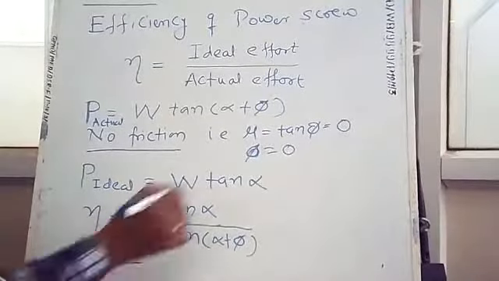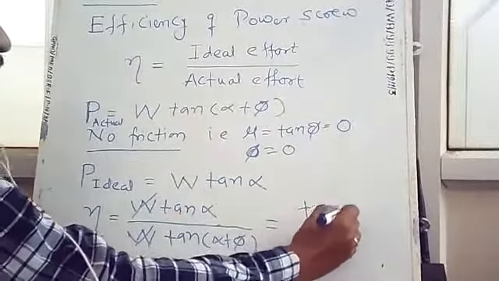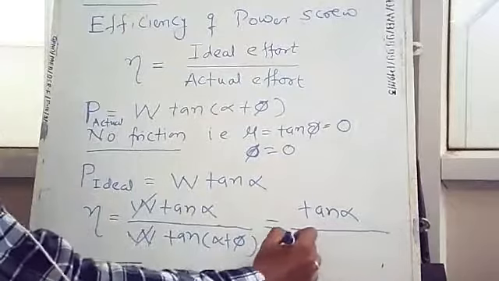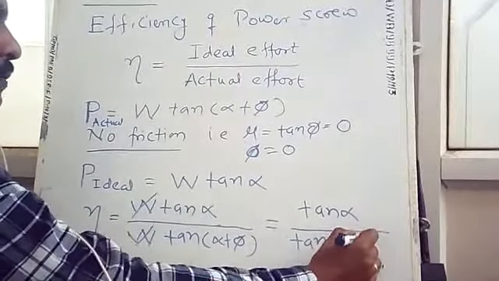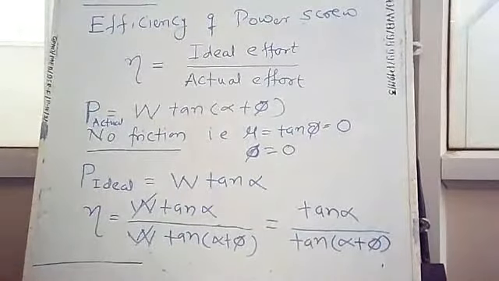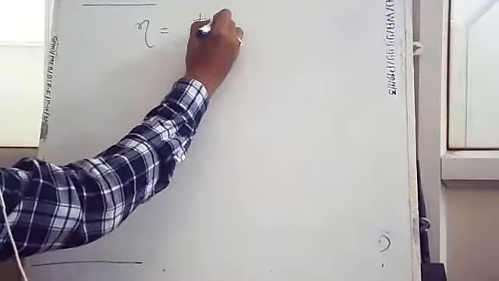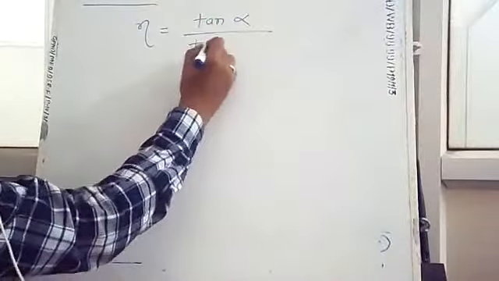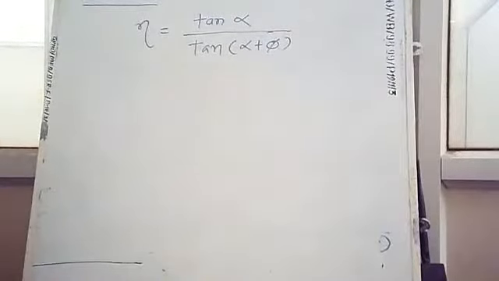If this W gets cancelled, then we can write efficiency equal to tan of alpha divided by tan of alpha plus phi. So this is the equation of efficiency of power screw.